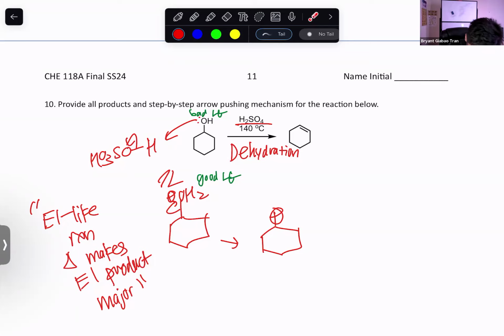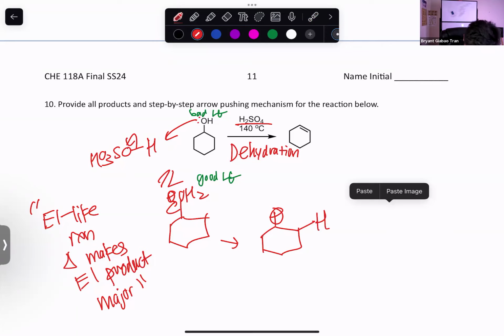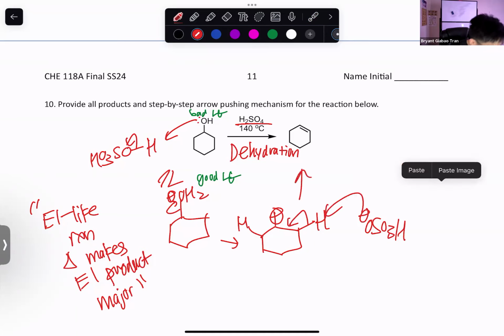And then from there, since we want to do E1, look at a beta hydrogen. It doesn't matter which one, they're symmetrical. And then use the conjugate base, HSO4 minus, to grab that beta hydrogen and make a double bond right there, to get that final product. You could use that, or you could use what he said, water.